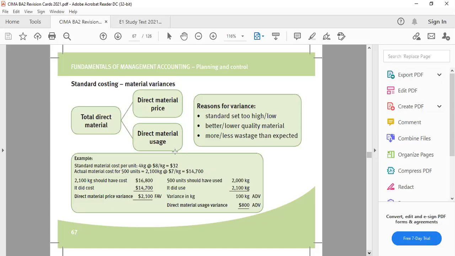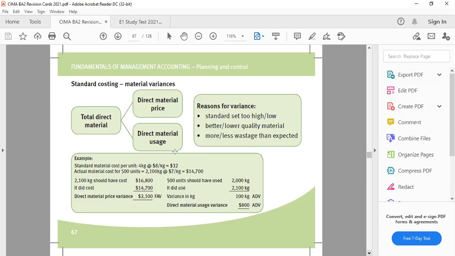Or the quantity of material which is consumed increases or decreases. That depends on the quality of material. Inferior substandard quality of material, when it is purchased, lot of material gets wasted. So when the material gets wasted, the consumption of material increases. When the quantity increases, there is a variance arising. So better or lower quality.